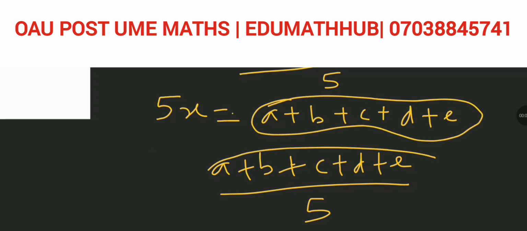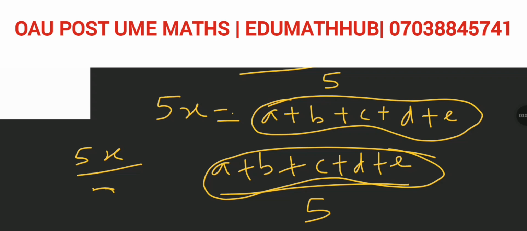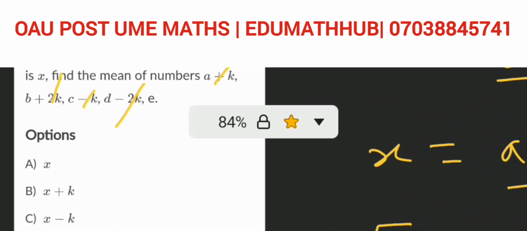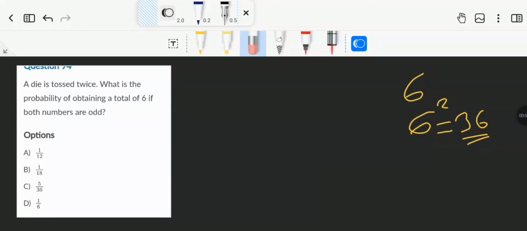That means the numerator of this fraction is equal to 5x. So you can just write 5x divided by 5. So if you cancel this out, you're going to get x as your answer. So the mean of those numbers is x. Then move to your options, look for x as the answer there, just shade it. So let's go guys, let's go.